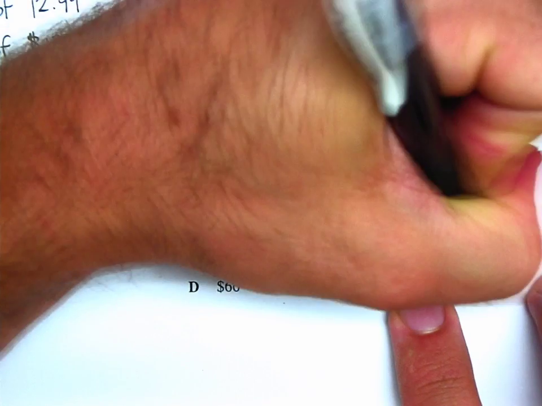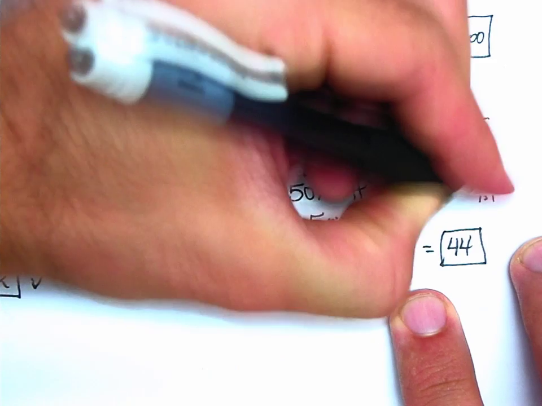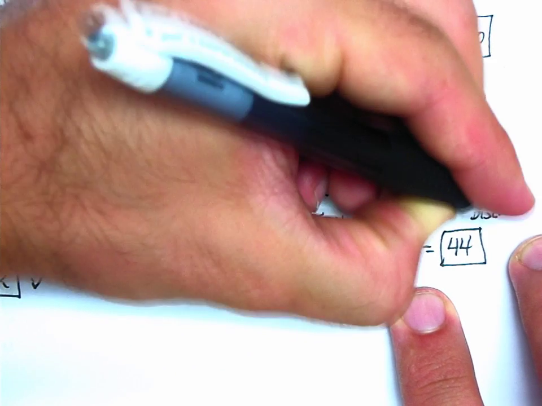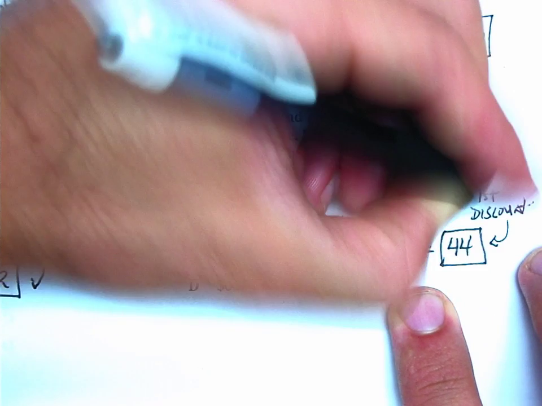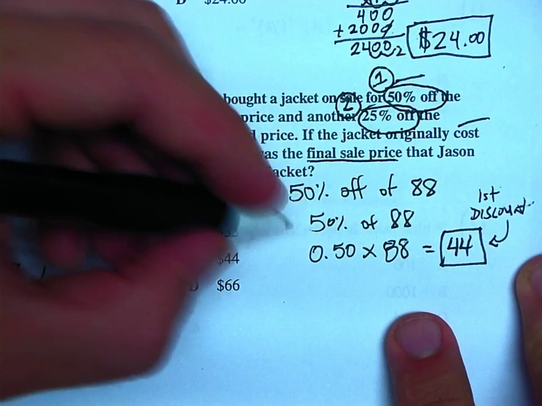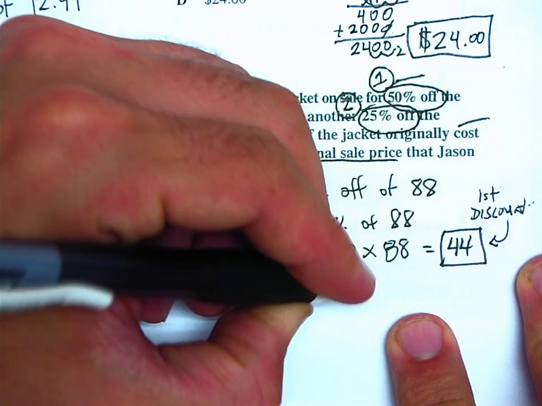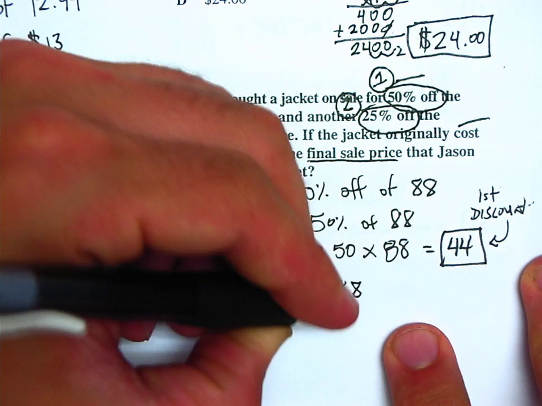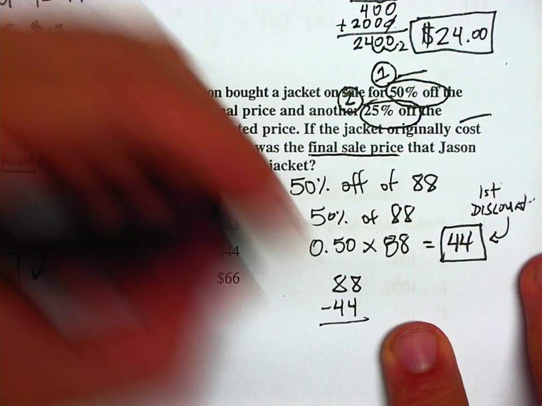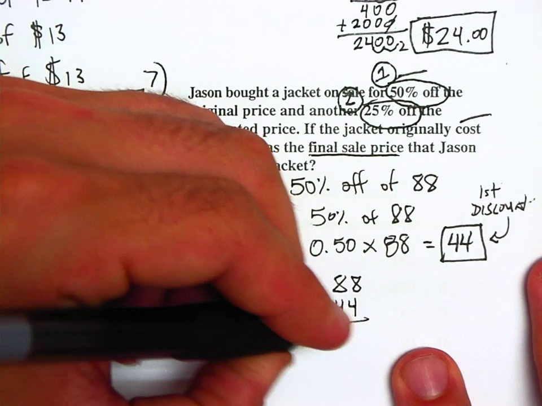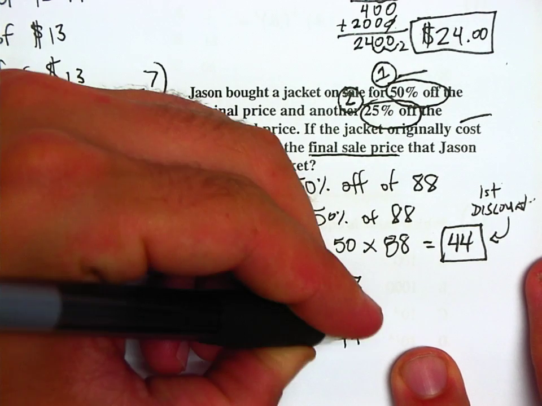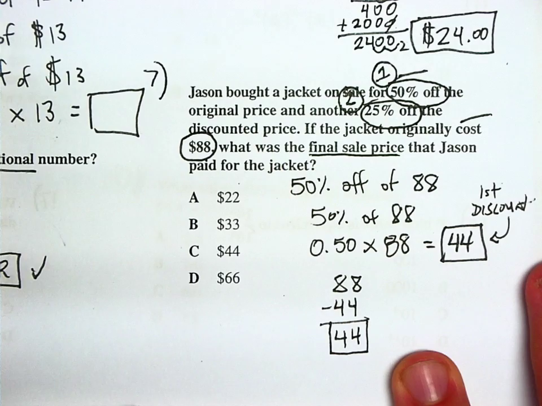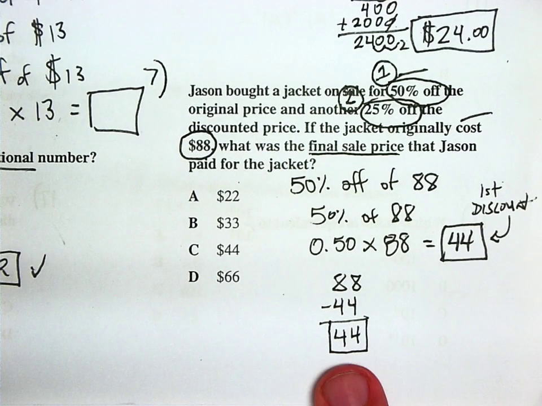So that's the first discount. That's how much money I'm going to save after I take 50% off. So if it started at $88 and the first discount is $44, I know that after step 1, the jacket costs $44.